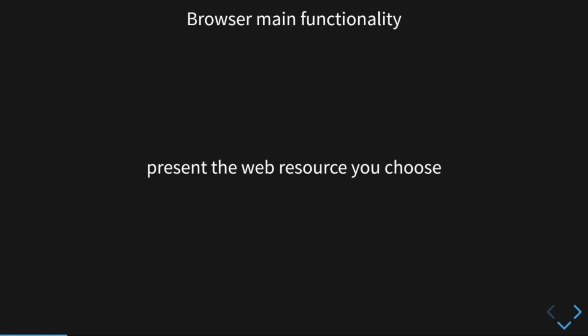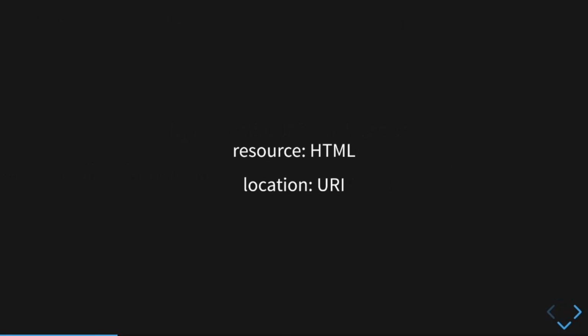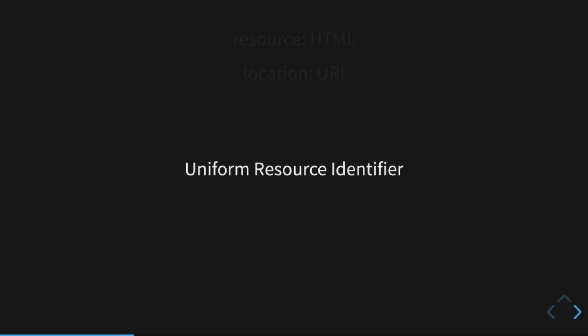So the browser's main functionality, which is common for all browsers, is to present the web resources which you choose, by requesting them from the server and displaying them in the browser window. So our resource is HTML, and its location is encoded by a URI, Uniform Resource Identifier.